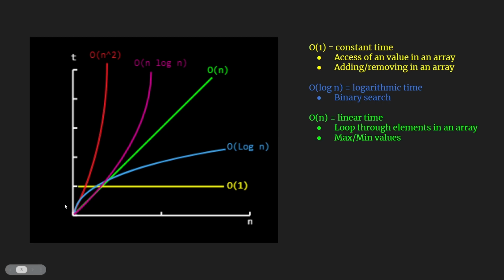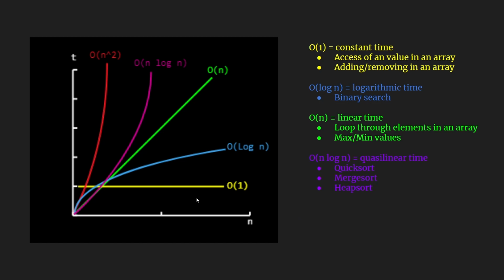Next, we have O of n, which is then called linear time. These can be things such as looping through elements in an array, or just finding the max/min values inside an array, for example. And so basically, as the data size increases, the number of steps it takes also increases linearly.